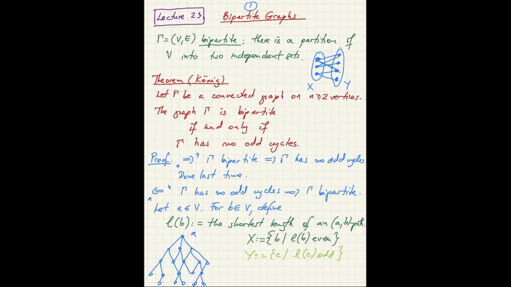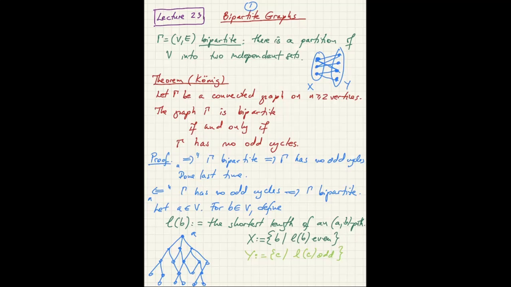This is a result due to the Hungarian mathematician Konig. We study it here for connected graphs; I'll mention after the proof that the same result is true if we disregard connectedness. But let's assume connected for now. The result is that the graph is bipartite if and only if the graph has no odd cycles.